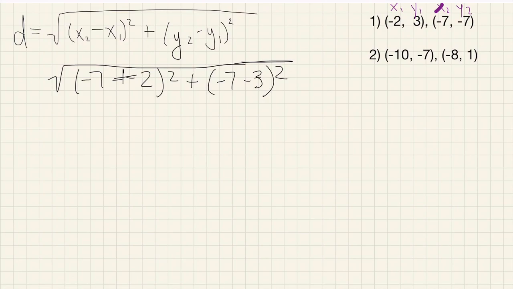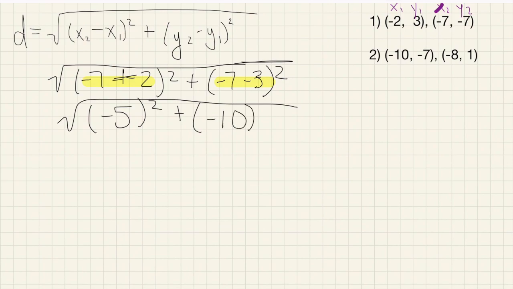When we do this, we kind of break it into sections. What I always do first is I start with what's in the parentheses. So I can say -7 plus 2 becomes -5 squared, plus -7 minus 3 becomes -10 squared.